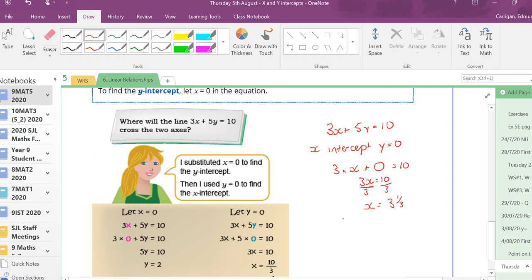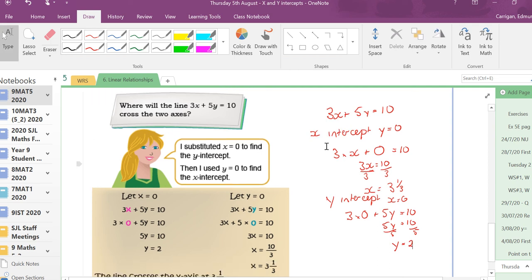The y-intercept is when x equals 0. So we substitute 0 for x. So we have 3 times 0, which is 0, plus 5 times y equals 10. 5y = 10. Divide both sides by 5, y = 2.